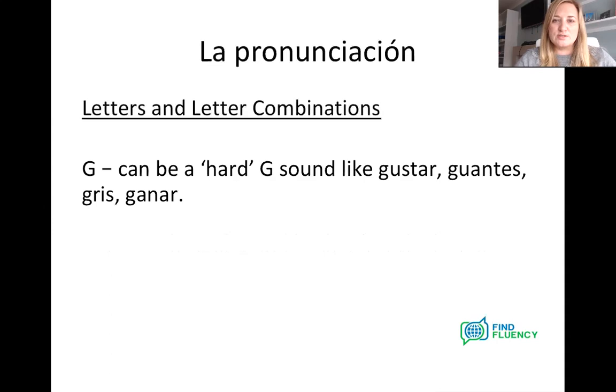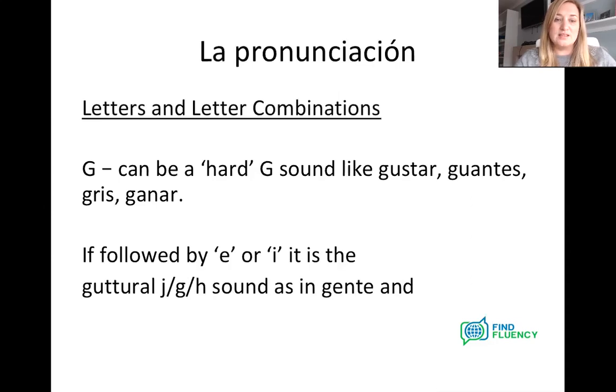G, now I'm sure this was the one that somebody got stuck on. It can be a hard G, so it sounds like gustar, guantes, gris, ganar, right? If followed by E or I though, it's that guttural sound, I had to look up how to spell this word, guttural. It sounds kind of like an H sound in English, not in Spanish, but the J and the G guttural sound in Spanish is that H sound that we hear, okay?